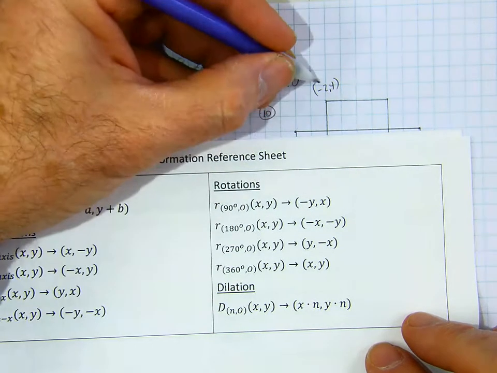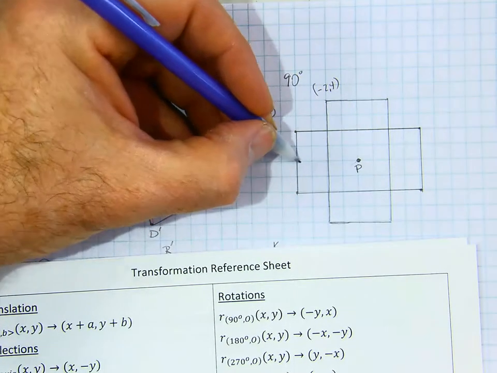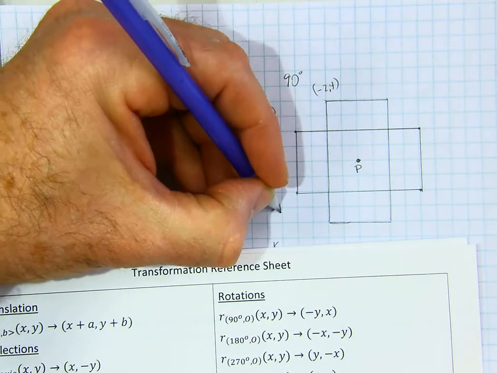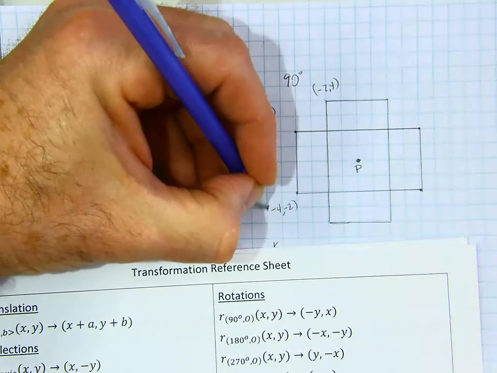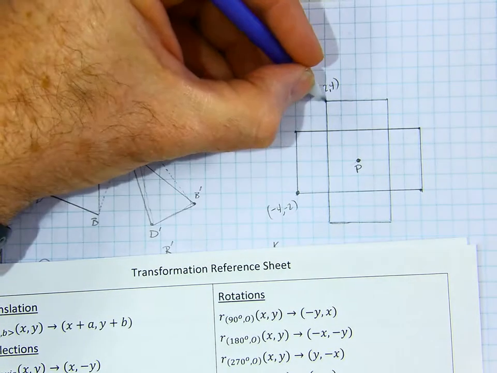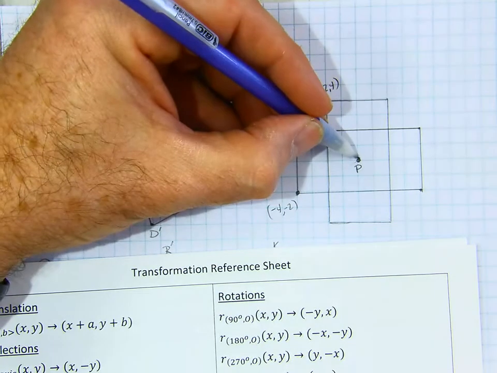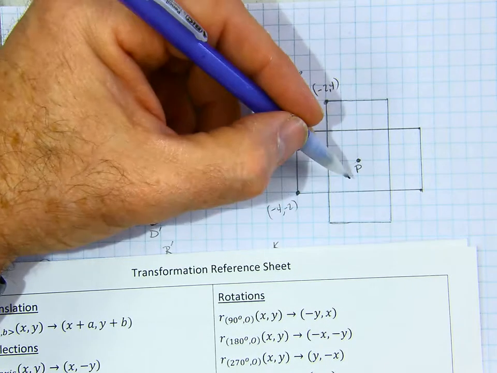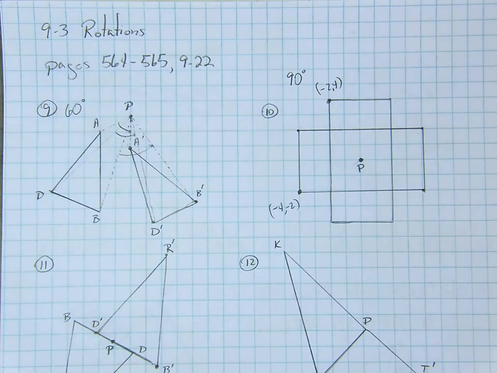So it's going to be -4, -2. So the rule even applied for this one, because P is in the center of our figure, so it would be like it's around the origin. So that rule even applied there, and we could have rotated each one. That's what your figure should look like.